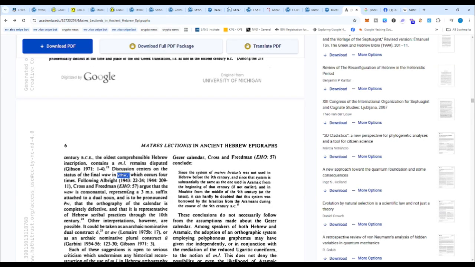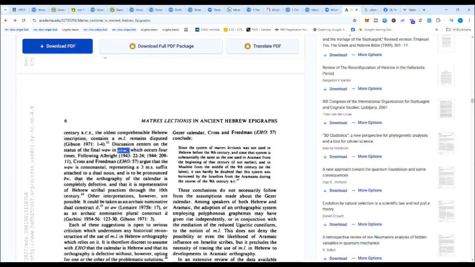Following Albright, 1943, pages 22 to 24, in his and Cross and Freedman in their book EHO, page 57, argue that the Vav is consonantal, representing a third masculine singular suffix attached to a dual noun, and is to be pronounced ve or eve.